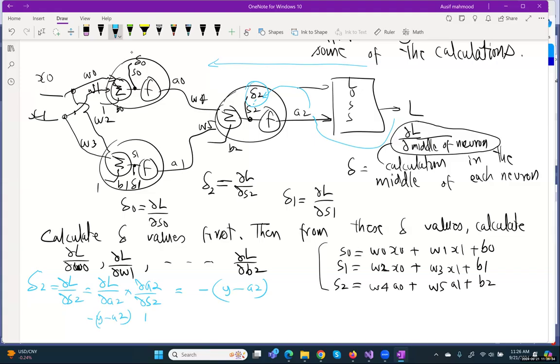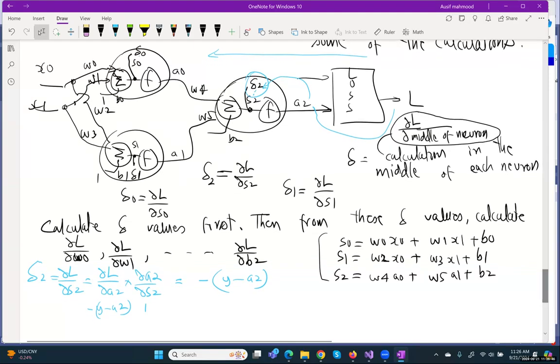Okay, now let's try to figure out delta 0. Let me use a different color. Let me see if you follow delta 0 now. Delta 0 is, by definition, partial L over partial what? S0.